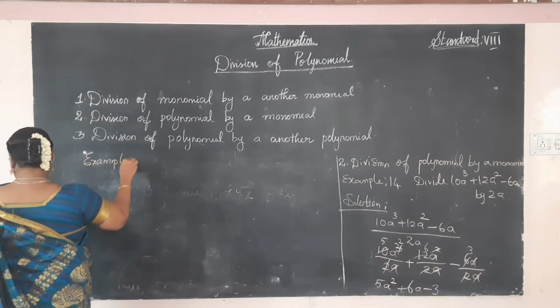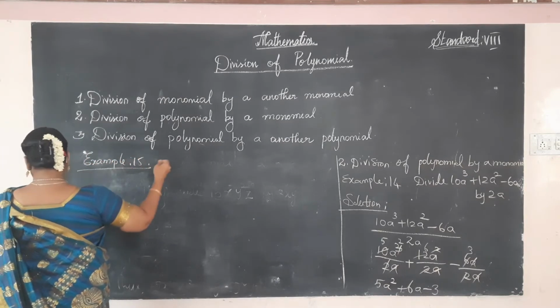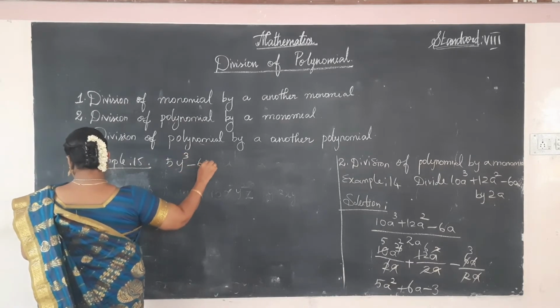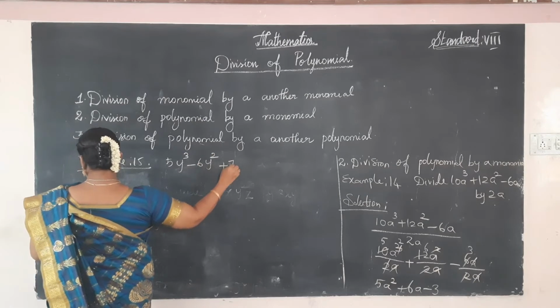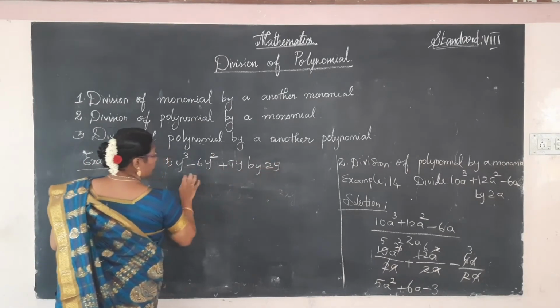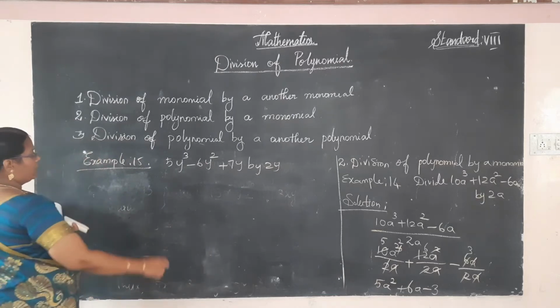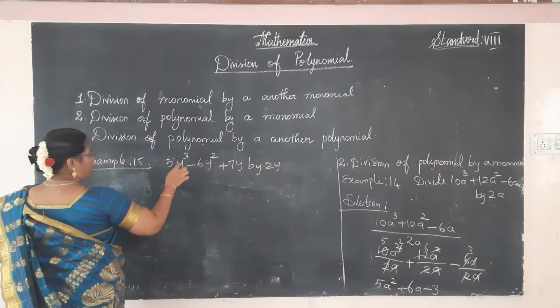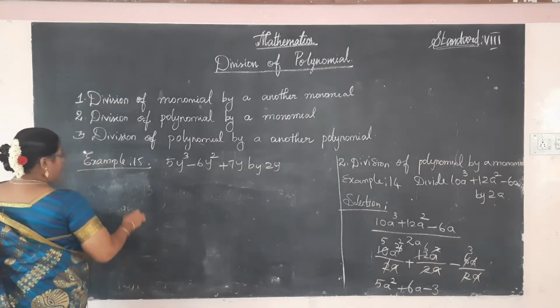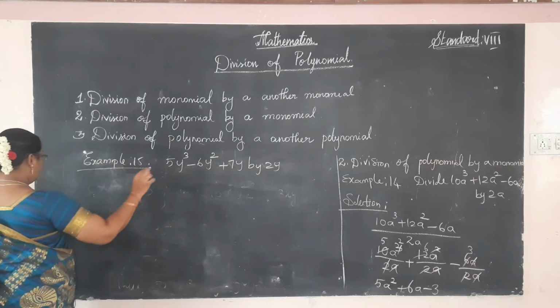Example 15. Divide 5y cubed minus 6y squared plus 7y by 2y. This is also the same type. Okay, check the order of the algebraic expression. Yes, it is given in descending order.